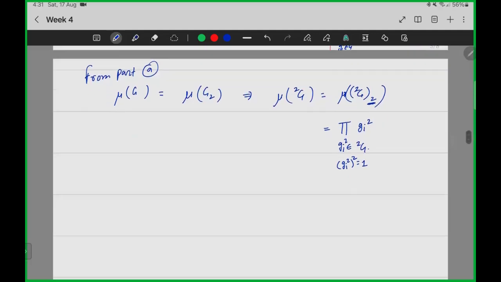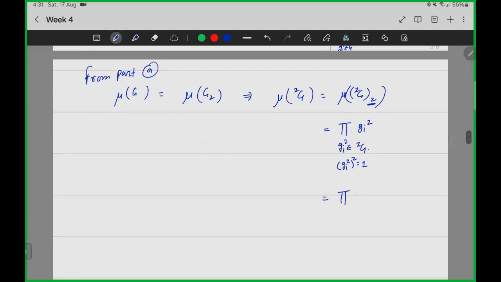So now what is written here is this: those elements of gi's, we are taking the product of those gi squares such that gi power 4 is 1 and gi square is 1, or we should write minus 1.